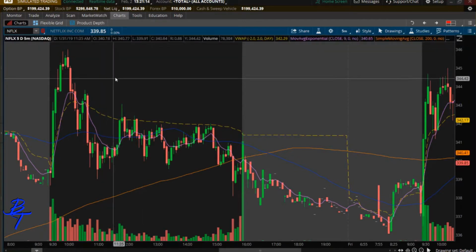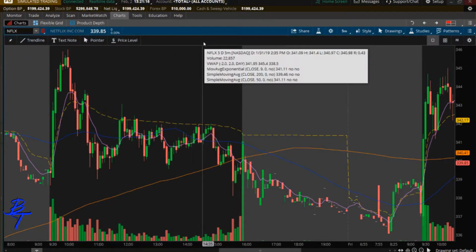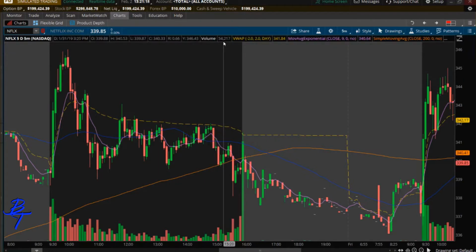You'll see the volume right here, the amount that's next to it. When I go to this volume bar, it says 307,937. That's the amount of shares traded in that 5-minute time frame, and it's green because there was a lot of buying in that time frame.